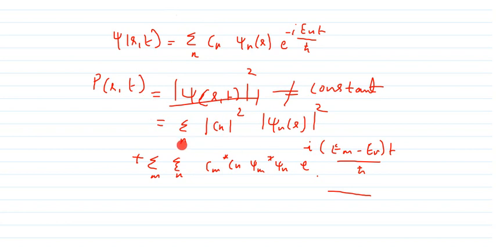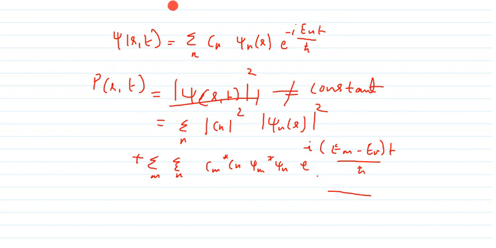For example, you will have a summation over n of mod cn square psi of r the whole square, and also you will have cross terms like this, and that will always contain a time part. So in the case where we have wave functions represented as linear combinations, the probability is not a constant.